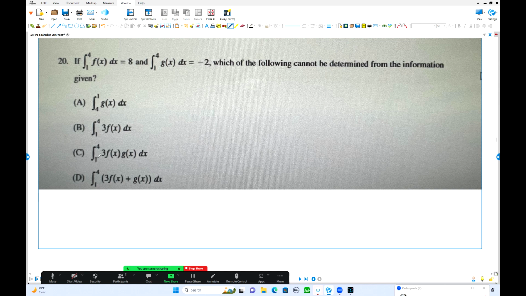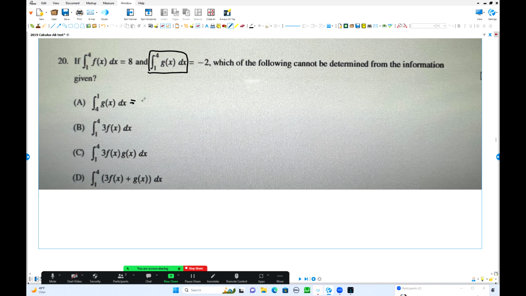This is number 20. The integral from 1 to 4 of f of x is 8. Another, from 1 to 4, same interval, of g of x is negative 2. Which of the following cannot be determined from the information given? The first one, the integral of g of x is definitely okay, right, from here.